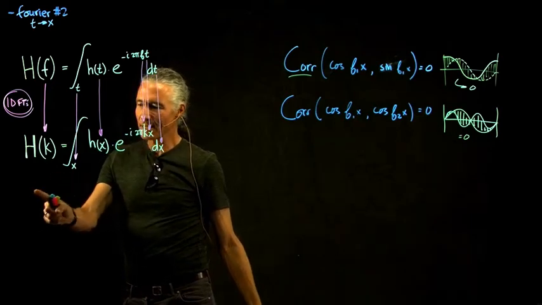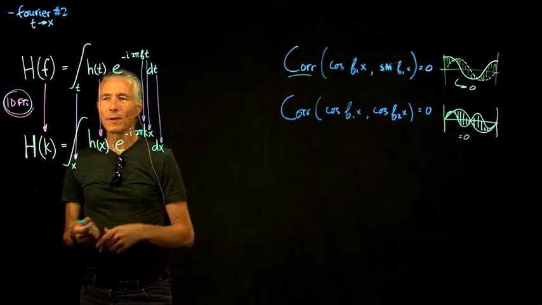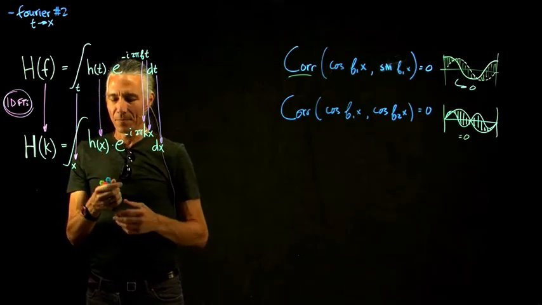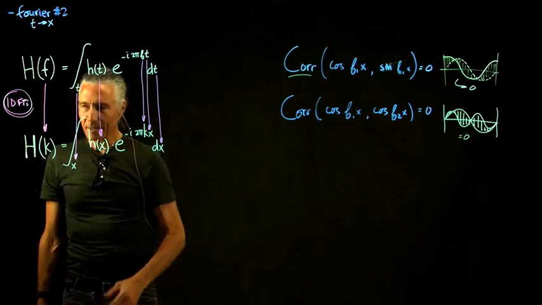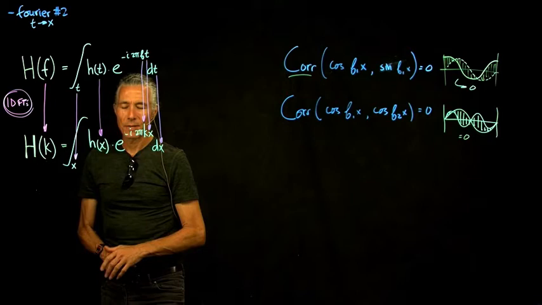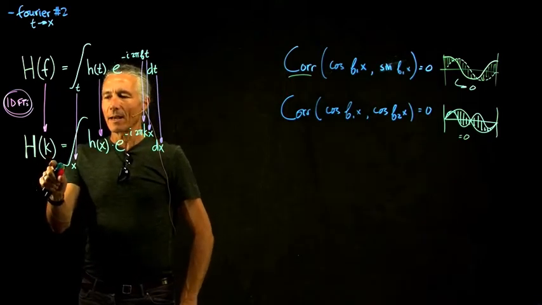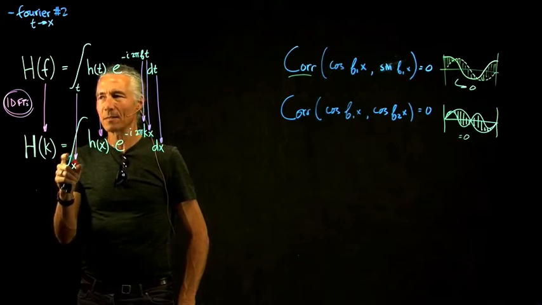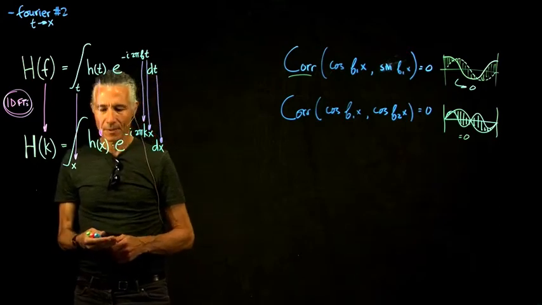It's exactly the same as the temporal Fourier transform, but it just has space in it instead of time. That means it's still called frequency space, but it's spatial frequency space instead of temporal frequency space, like it would be in the case of an audio signal.